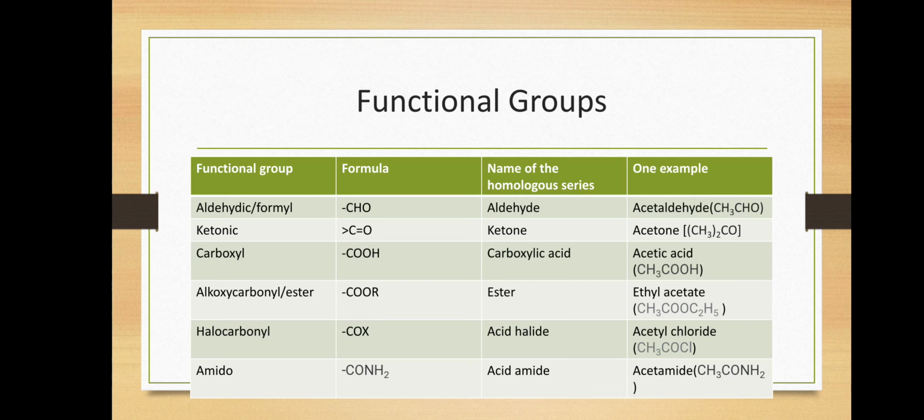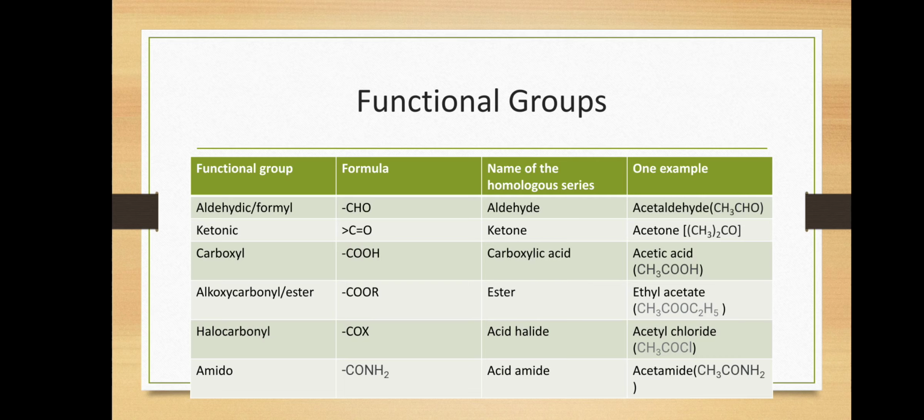One example of it is ethyl acetate, CH3COOC2H5. Next is halocarbonyl. Formula is COX. Name of the homologous series is acid halide. X is halide here. It may be fluoride, chloride, bromide or iodide. One example of it is acetyl chloride, that is CH3COCl.